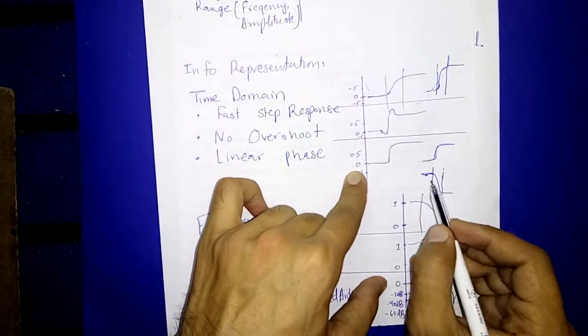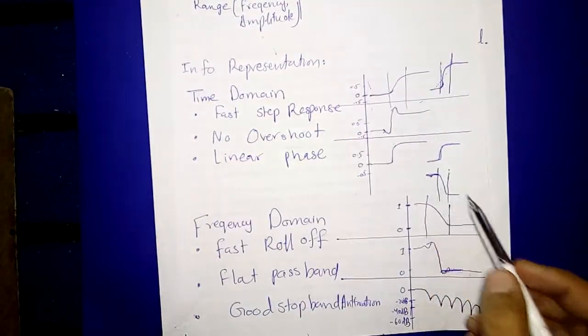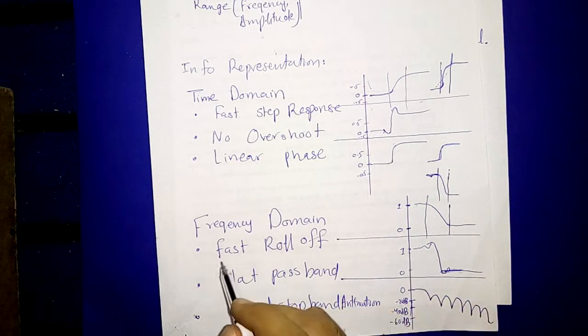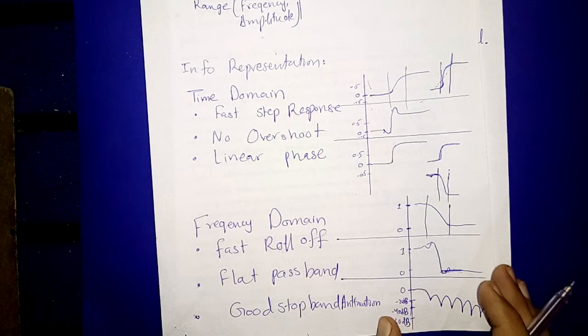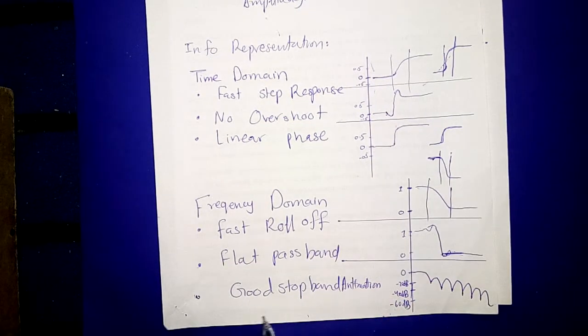Just like in this, it has a flat pass band, so a good filter should also provide a flat pass band. The next thing is good stop band attenuation. The attenuation here is pretty poor.